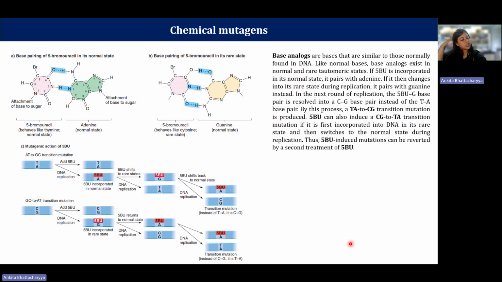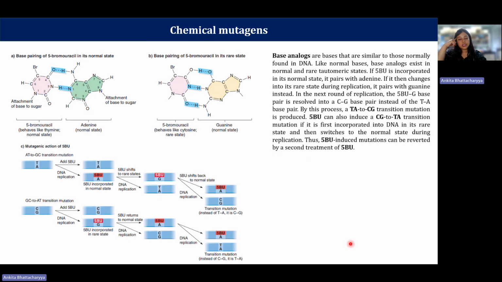It is unnecessarily hijacking the machinery, and eventually either the cell has to repair that, which can be done by NER, which is nucleotide excision repair, or alternatively, that machinery has to be sort of removed or stripped off from that replication fork. So that's what happens there.